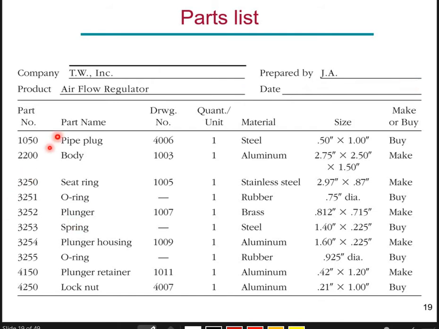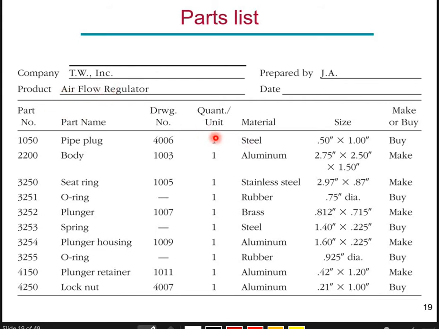Then, in order to produce this airflow regulator, what parts or components do you need? So you see the part number, the name of the part, which is a pipe plug. There is a drawing for this pipe in your database, and it's recorded with this drawing number.